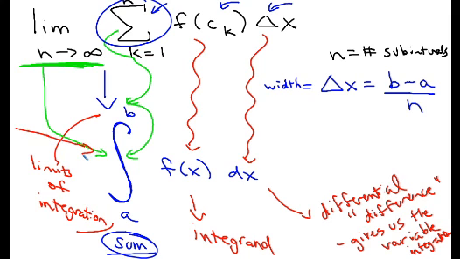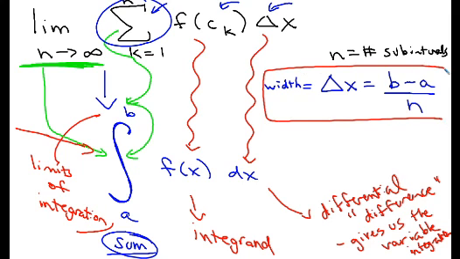Now, this piece right here we talked about the last 2 days, that delta x is equal to b minus a divided by n, and n is the number of subintervals or our number of rectangles.